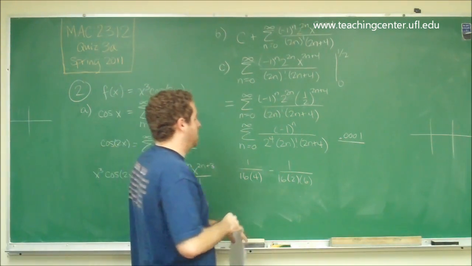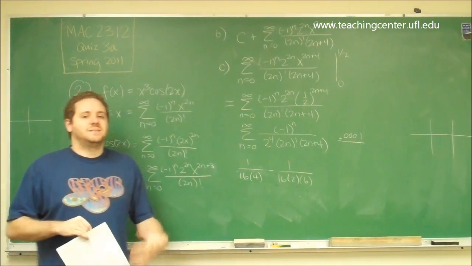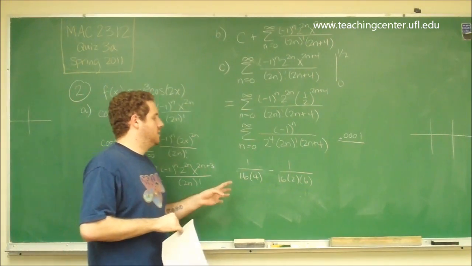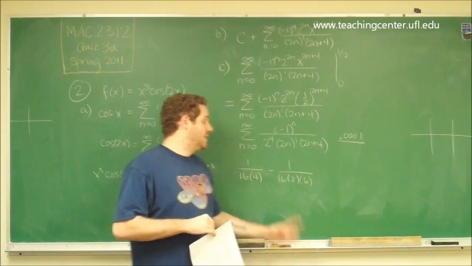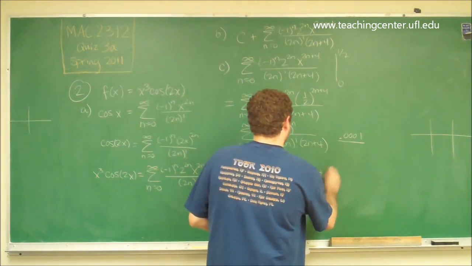So again, we have 1 over 16 times 12. That's not a number you have to know off the top of your head. We're only trying to go as far as to see when the bottom is 10,000. 16 times 12 is obviously not 10,000, so you don't have to worry about that.